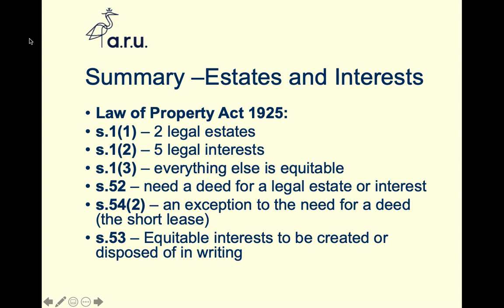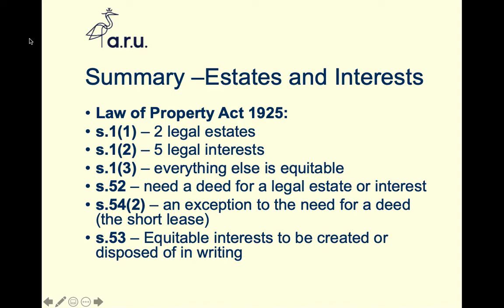A short-term lease does not need a deed. Equitable interests, so everything else under Section 1.3, we ideally need to be in writing. Again, the only exception to that rule being a beneficial interest under a trust, where people usually don't behave that way towards each other. So there endeth the lesson.